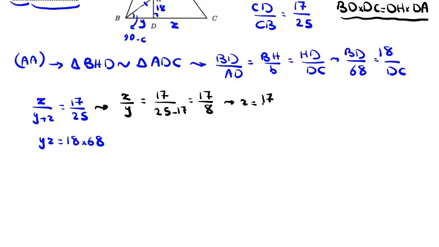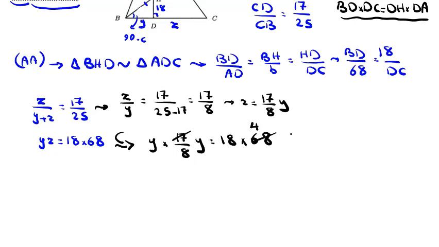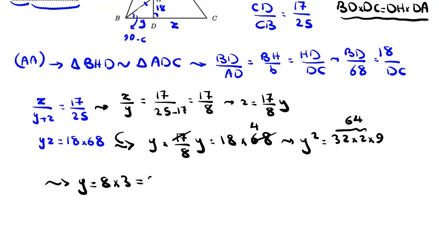Now 17 divided, it will be 4, so Y squared equals 8 times 4, 32. We can write 18 as 2 times 9. It will be 64, so Y equals 8 times 3, which is 24. And Z is 17 over 8 times 24, from this expression called star, which is 51. So A is Y plus Z, which equals 75.